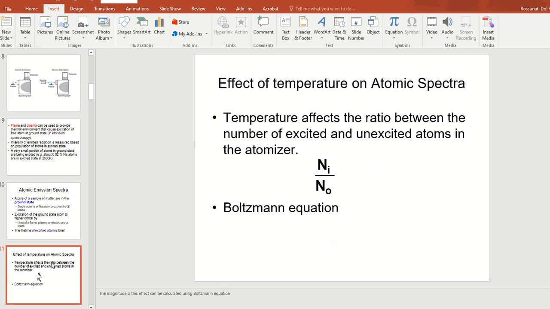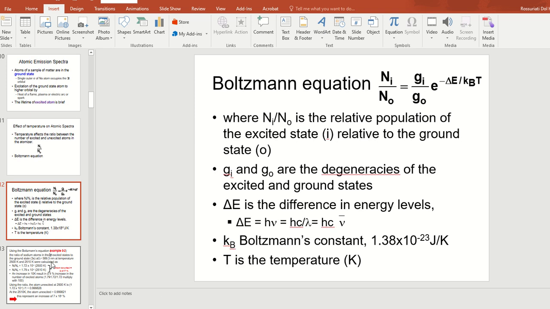I would like to simplify the Boltzmann equation. The Boltzmann equation can be used to determine, for any atom, the population of atoms between the ground state and the excited state.